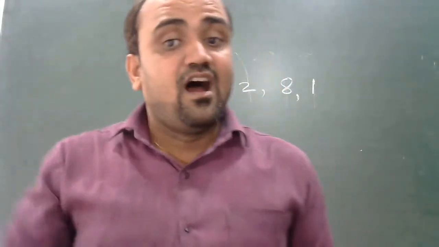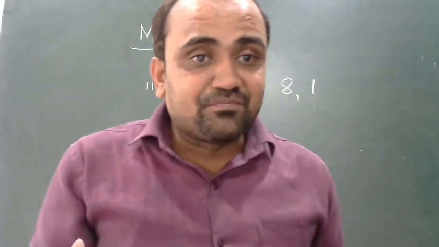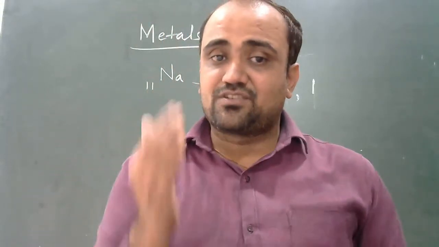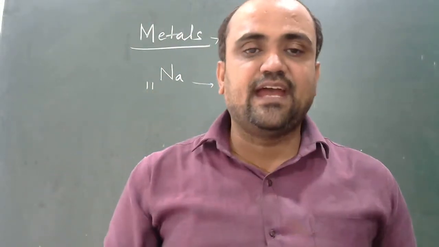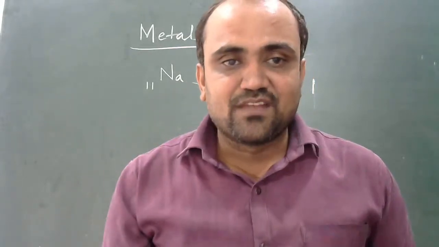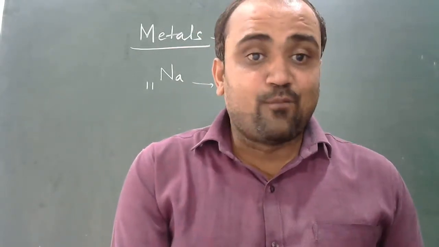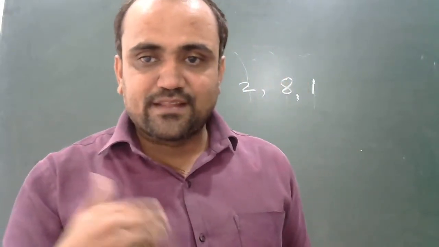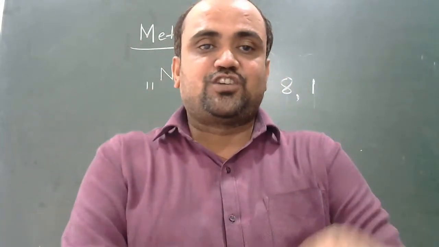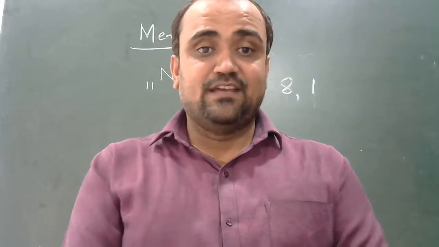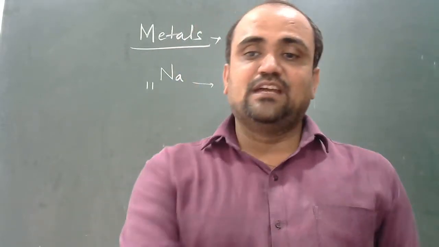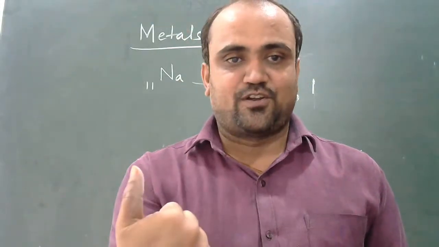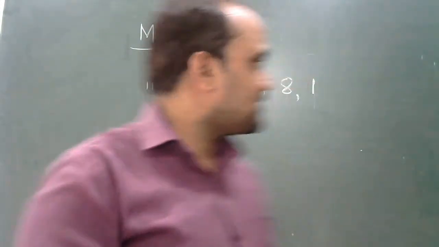If the last shell has less than 4 electrons, इलेक्ट्रॉन दिया जाएगा. और if they are 4 or more than 4, they will share or they will accept electrons. Isn't it? Yes.